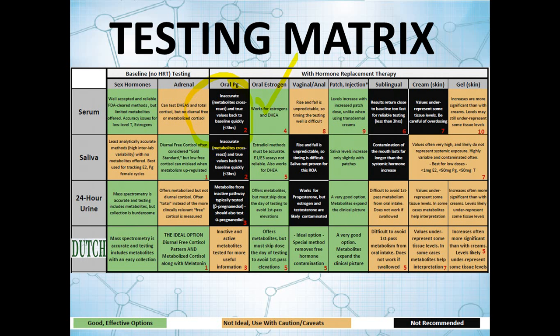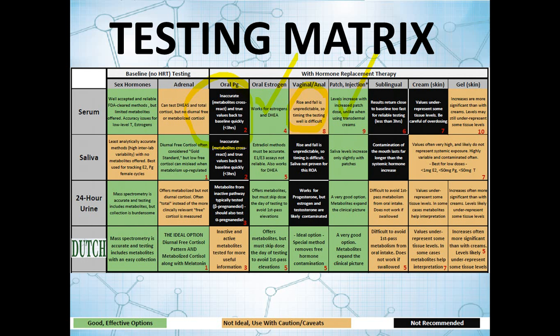And when we're talking about vaginal hormones, you have to be careful because the rise and fall of hormones can be very unpredictable. So if I get a low value, it might mean I need more hormone. It might also mean you missed the peak. So be careful there. But when you use a patch, those values should be stable. They should be steady. It's totally different than transdermal creams and transdermal gels. It goes up in a linear dose-dependent response. You can lean more heavily on that serum result as you're trying to figure things out.